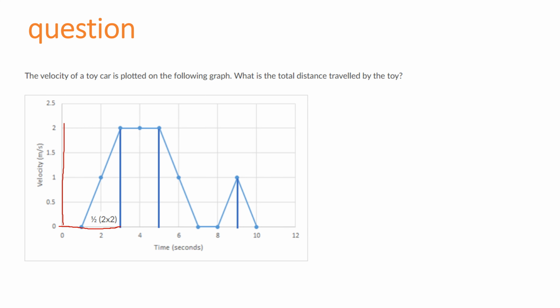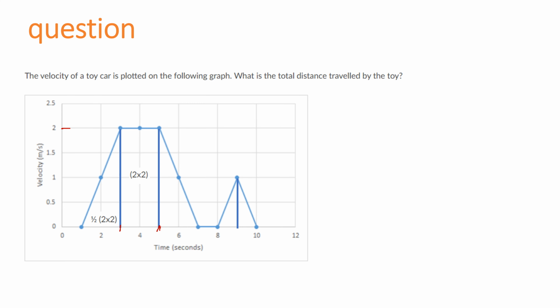Putting this into our calculator gives an answer of 2. And for the rectangle, we know it's just base times height. The base is 2, because we measure it from here till here, and the height is 2, so 2 times 2 gives us 4.